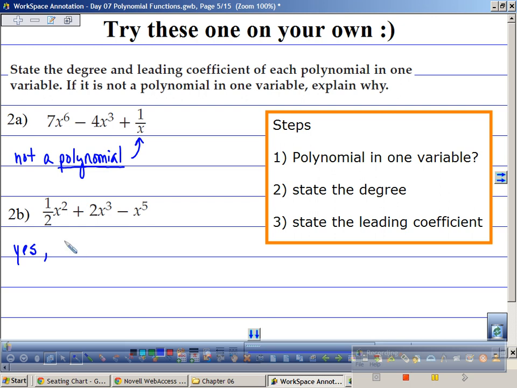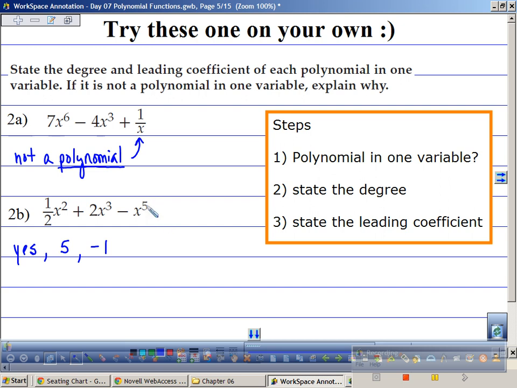What's the degree of this polynomial? Excellent. 5 is the degree of this polynomial. That is the largest degree of this polynomial. What is the leading coefficient? -1. Because really, we should be switching these around, right?